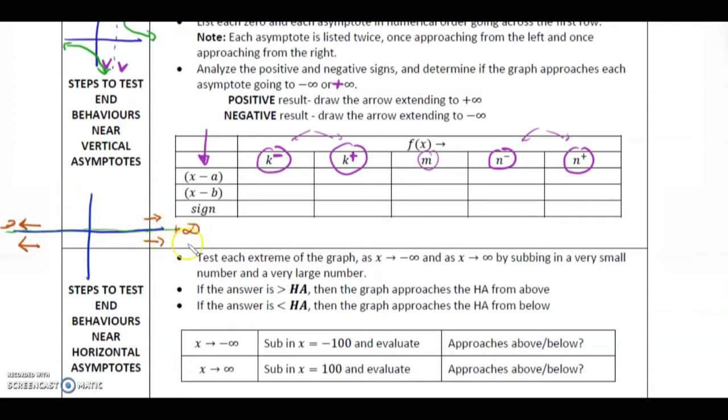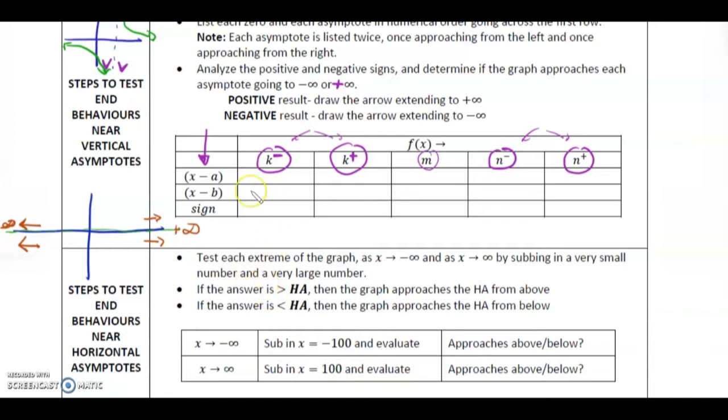So how we're going to do that, because we're approaching positive infinity or negative infinity, what we're actually going to do is test an extreme value. The extreme values for us, for the scope of what we need, we'll just do 100 or negative 100. Those 100 and negative 100 will actually represent a really big number, aka positive infinity, or a really small number, negative infinity.